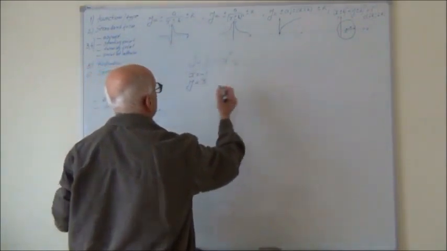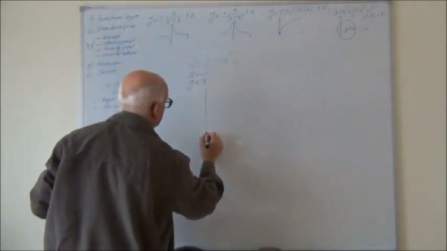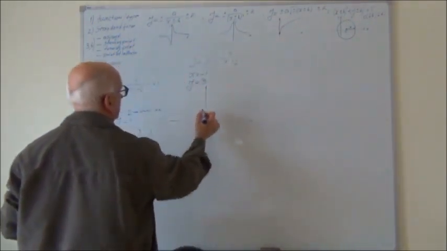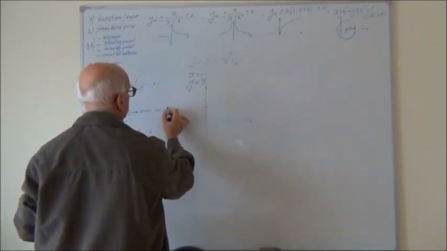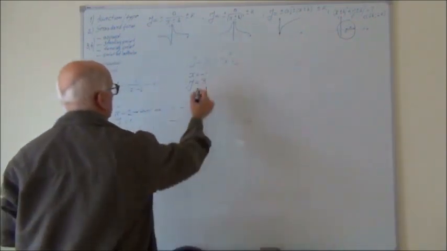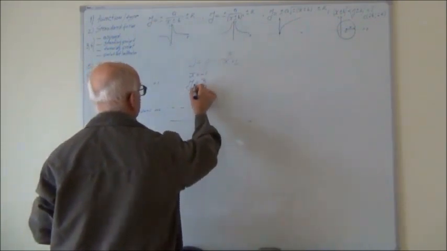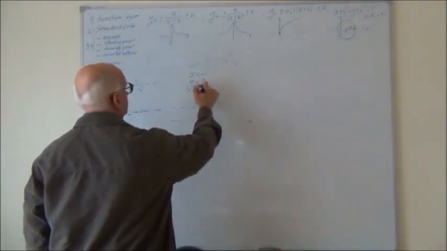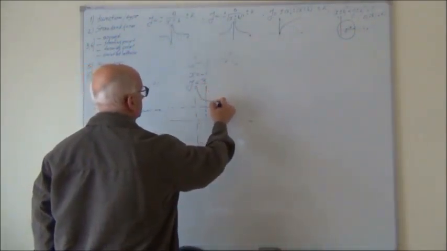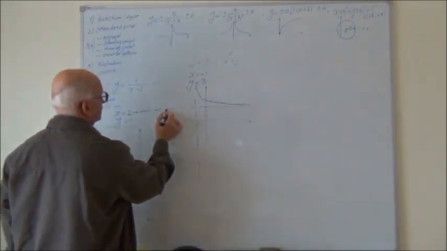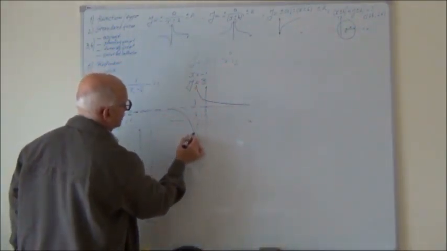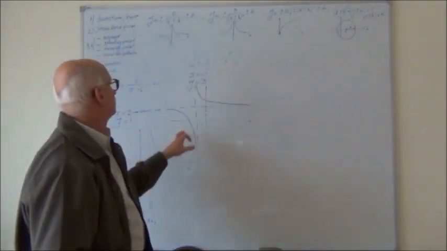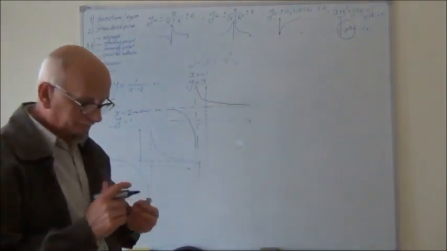So, plus, no reflection, and we can sketch this graph straight away without any problem. y equal 3, x equal minus 1, and we plot the graph within our asymptotes, and everything is perfectly fine. We have the graph of that function.